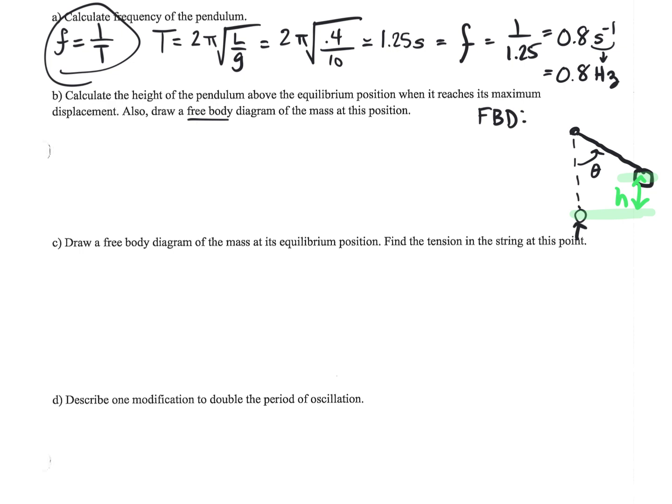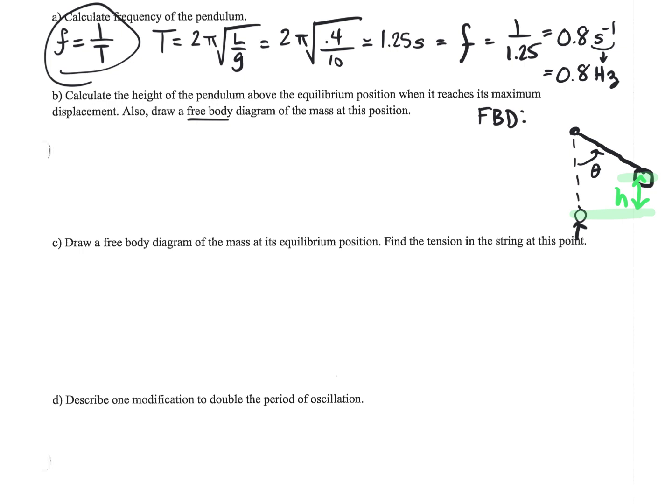Everybody focus. At the very bottom of its swing, max kinetic energy, max potential. So at the bottom, it has all of its kinetic energy. At the top, it's all been converted to what? Potential. So we can do this as an energy problem.